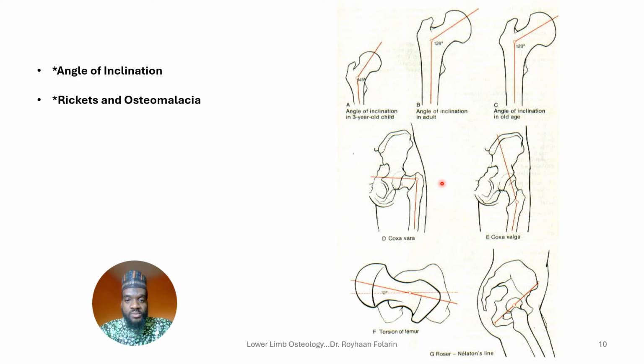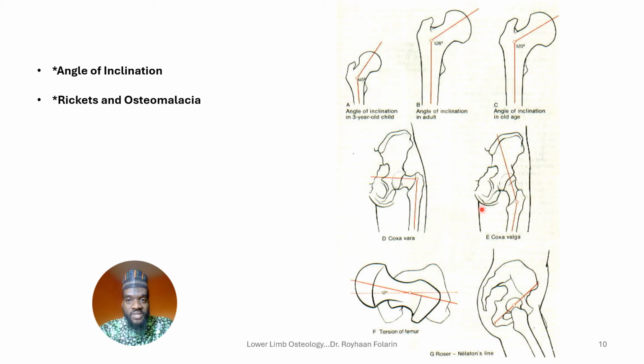So when there is alteration in the normal angulation of the neck to the shaft, it can lead to conditions like coxa vara and coxa valga. Coxa vara refers to a decreased angulation, as you can see here, while coxa valga refers to an increased angulation.